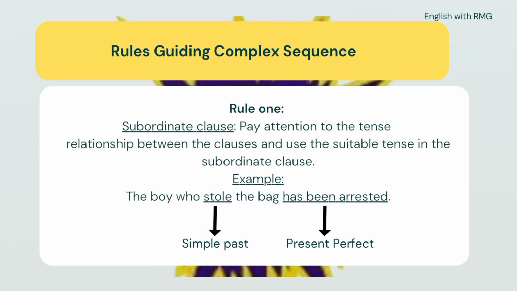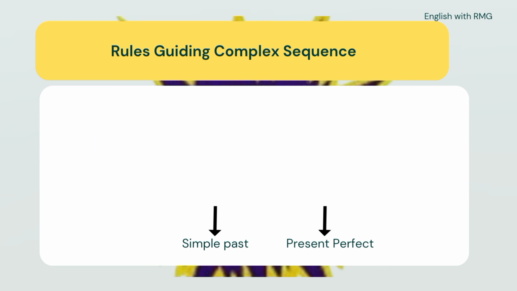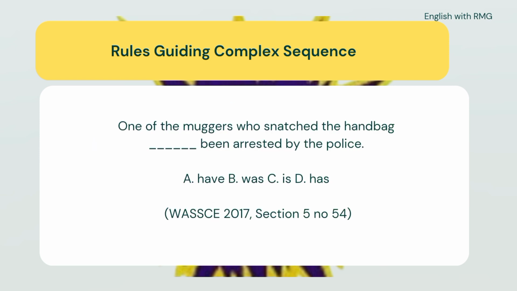That is something that happened in the past, but is still relevant to the present time in which the speaker is speaking. So we have simple past in the first clause, then present perfect in the second clause. So I hope you understand this, and I hope you understand that the major thing you need to do in sequence of tenses is pay attention to the time of event that the sentence is trying to express.